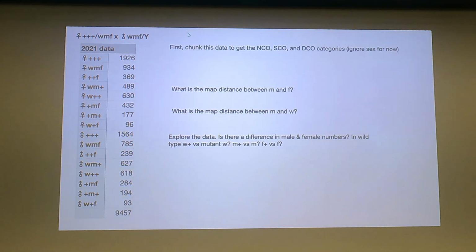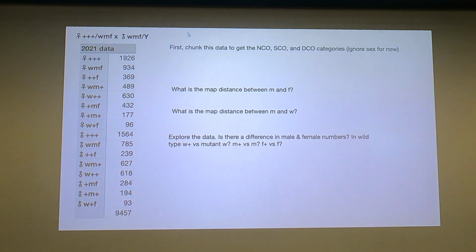And then, for instance, the single crossover categories, like here, this one must be a crossover between miniature and forked, right? So you have to identify all of those. And you chunk them together. So we end up with 4 categories out of 16.